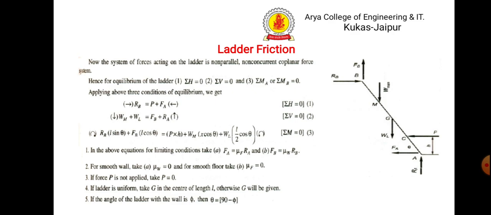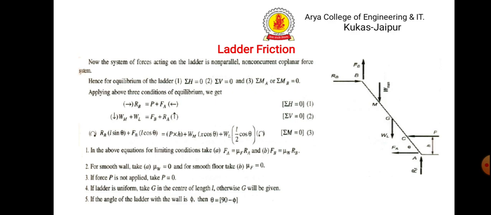Now the moment equals 0. We are taking the moment about the point A equals 0. So all clockwise equals all anti-clockwise. Rb into L sin theta is clockwise. Fb into L cos theta is again clockwise. And P into H is anti-clockwise.